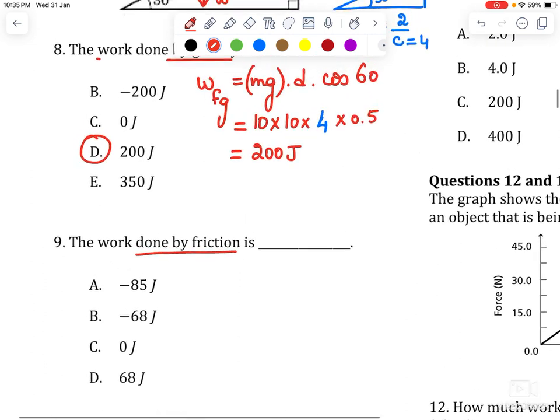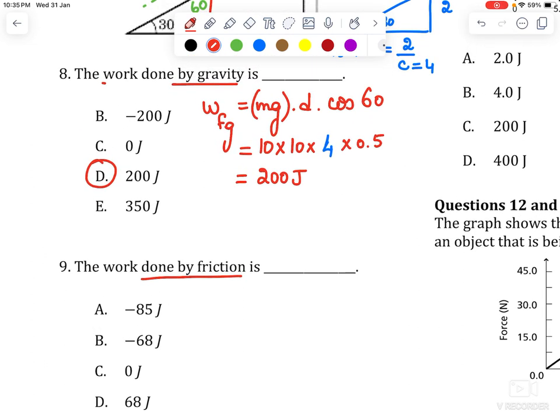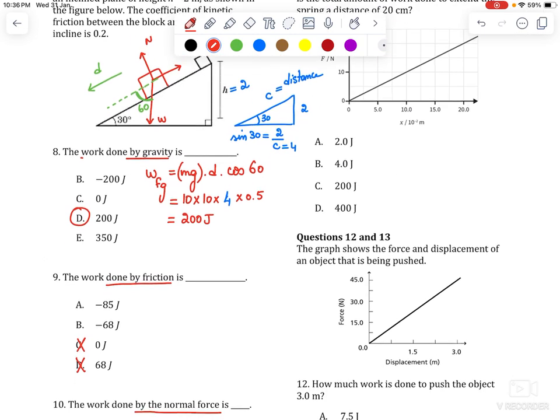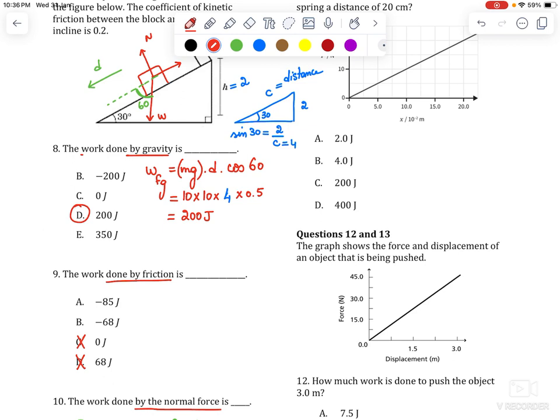Now, going to the work done by the friction, we agreed that the work done by friction cannot be positive, and also it is not perpendicular. The force is not perpendicular to the distance.